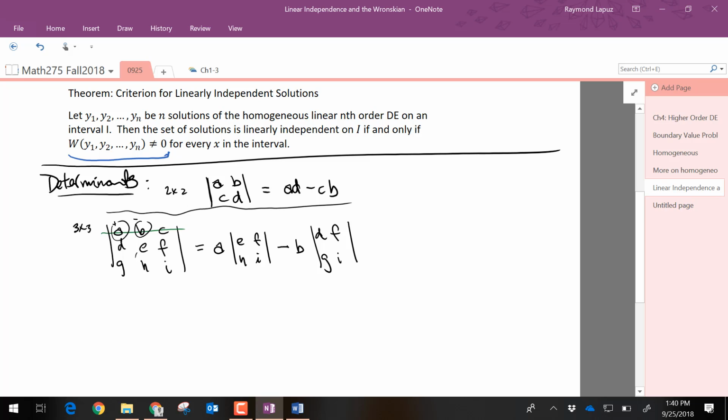And then expanding on the row, we're going A, B, C here. The last element here is a plus, positive C. And then cross out the row and column that contains C, you have D, E, G, H.